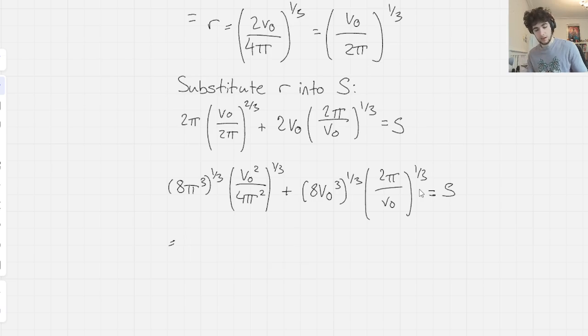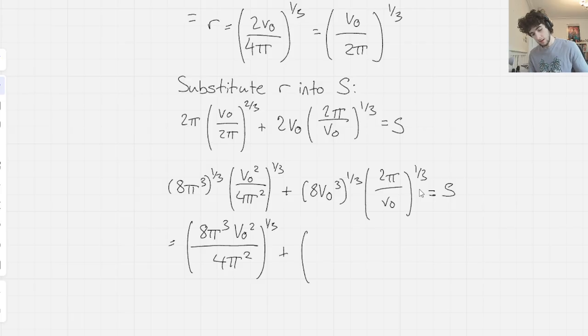So effectively, it's just equivalent to having 8 pi cubed v naught squared divided by 4 pi squared to the power of a third, add 8 v naught cubed multiplied by 2 pi divided by v naught to the power of a third, right?